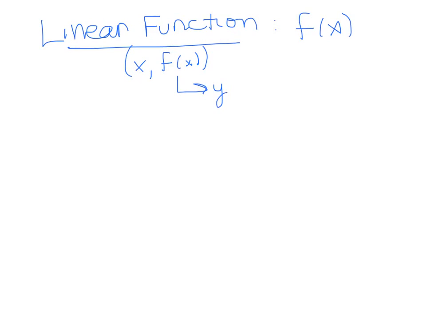So for the most part, we're always going to write x comma y, and we use these two things, f of x and y, interchangeably, okay? So sometimes you'll hear me say linear function because there's an f of x name for it. Other times we'll just go ahead and use y. They're fairly interchangeable, okay?